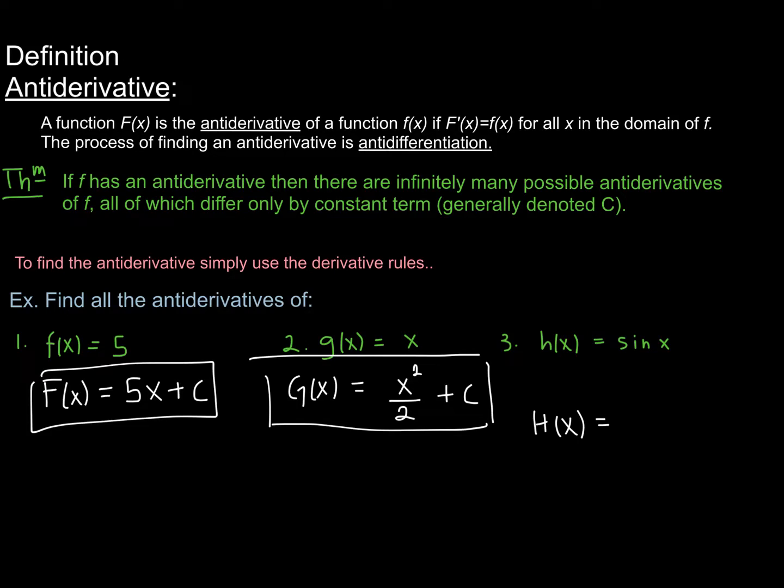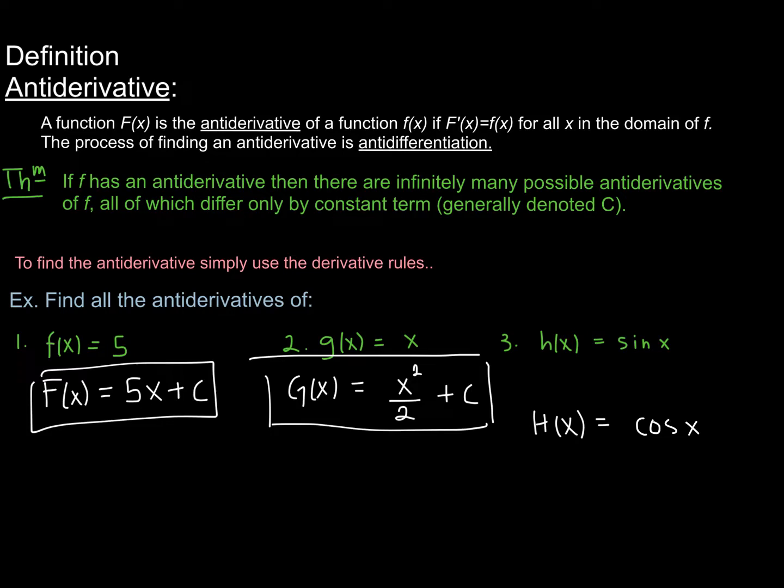Okay, so now we need a function whose derivative will be sine of x. So going back to our trigonometric functions, we're going to look for a function whose derivative is going to be similar to sine of x. And when you're looking through, you'll notice that the derivative of cosine of x is sine of x, but negative. So let's start there. We had cosine x.